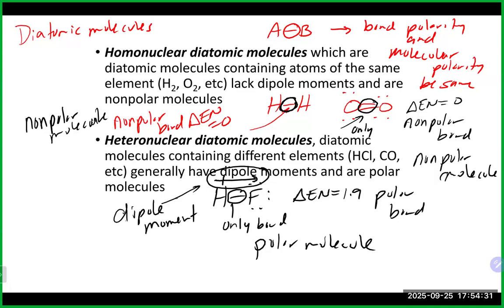Now, when we do have more than two atoms involved, three or more atoms, we have to look at a couple different things to help us decide: is a molecule going to be polar or nonpolar? So when we have three atoms or more, we have to look really at two things.